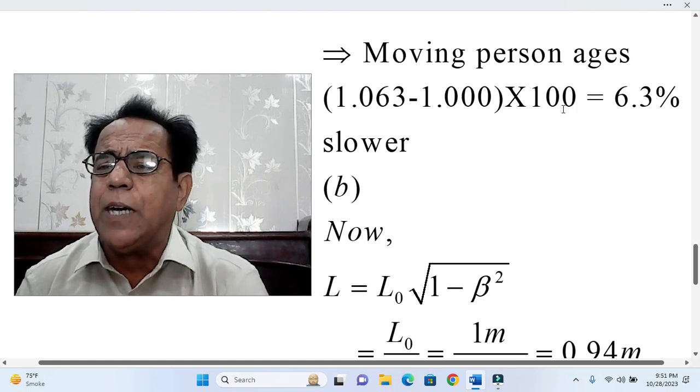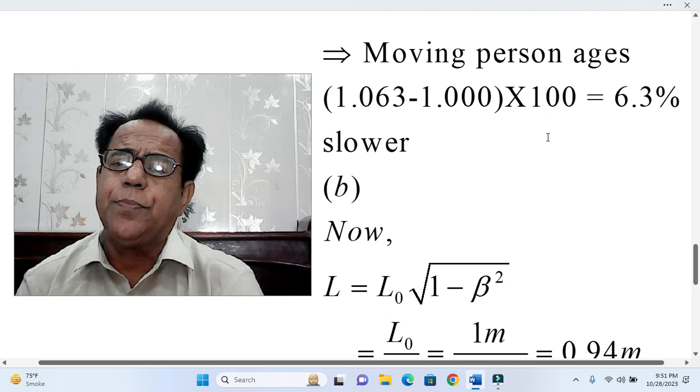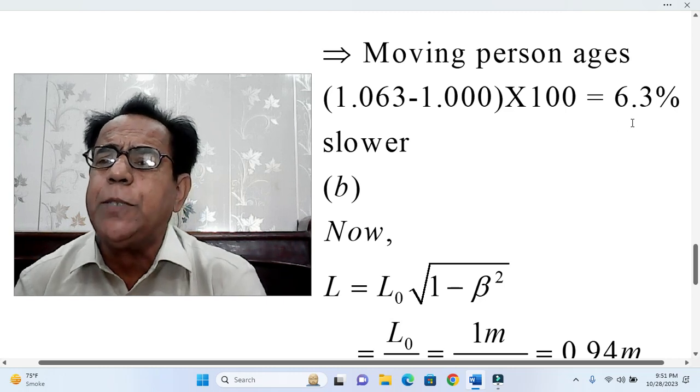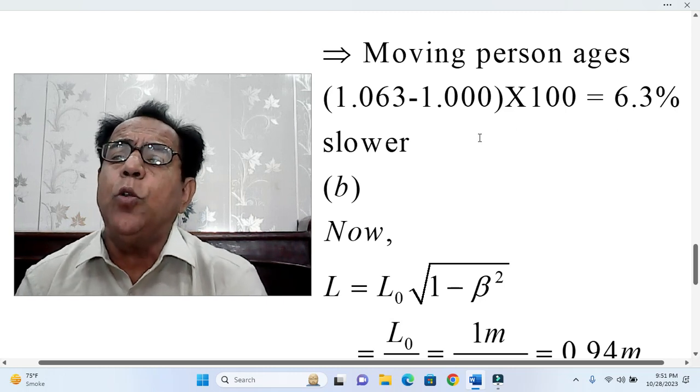This 100 is for percentage. This becomes equal to 6.3% slower.